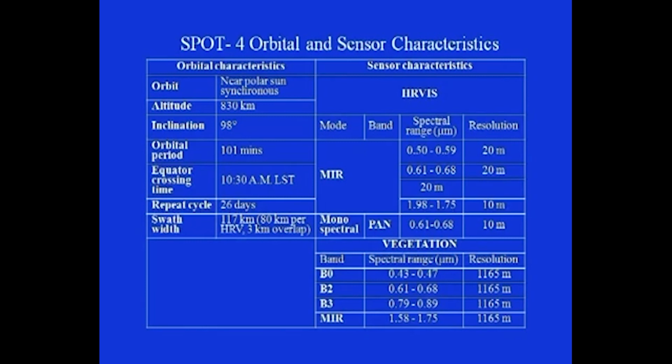Band 0 was operating between 0.43 to 0.47 with a resolution of 1165 meters. Band 2 operating between 0.61 to 0.68 with the same spatial resolution as the previous band. Band 3 between 0.79 to 0.89, whereas the MIR was operating between 1.58 to 1.75, the resolutions remaining as 1165 meters.